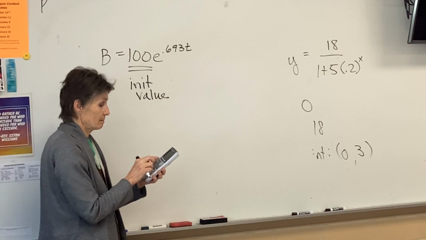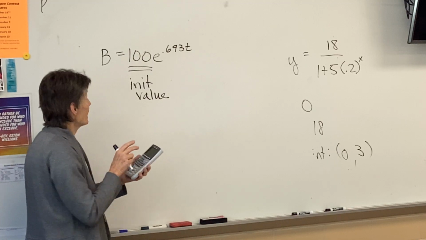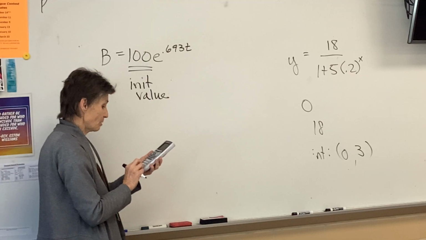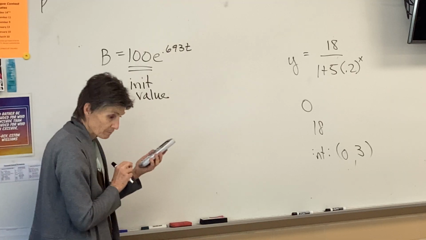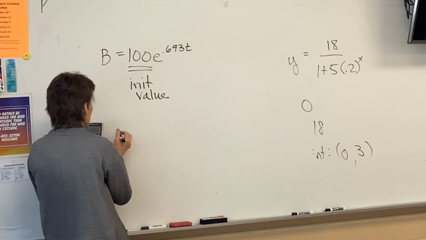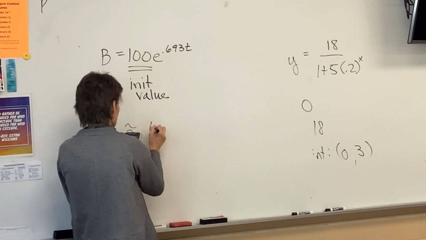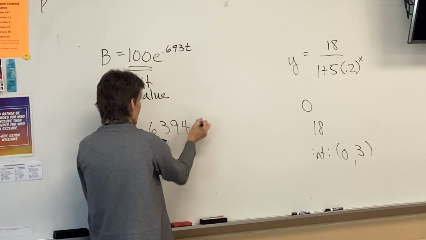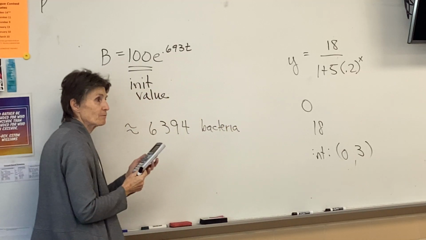So if you get second ln, you get e. And you're gonna raise it to the 0.693 times 6 power. And we get approximately 6,394 bacteria after 6 hours.